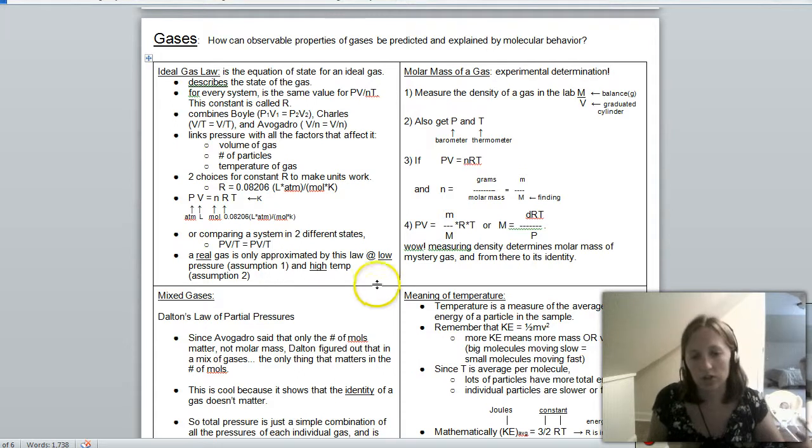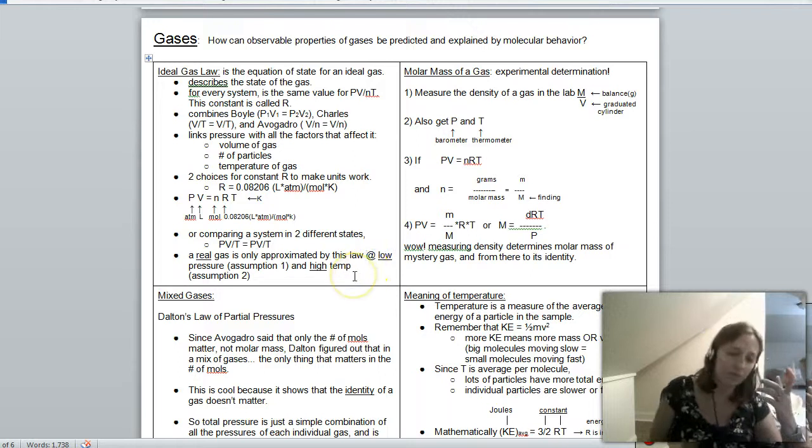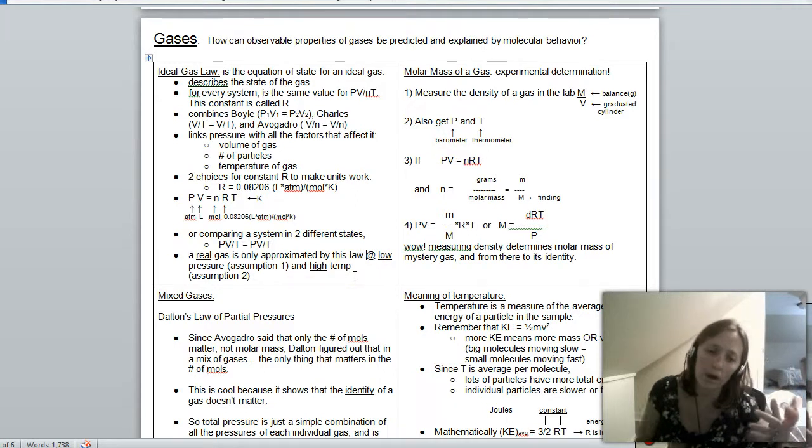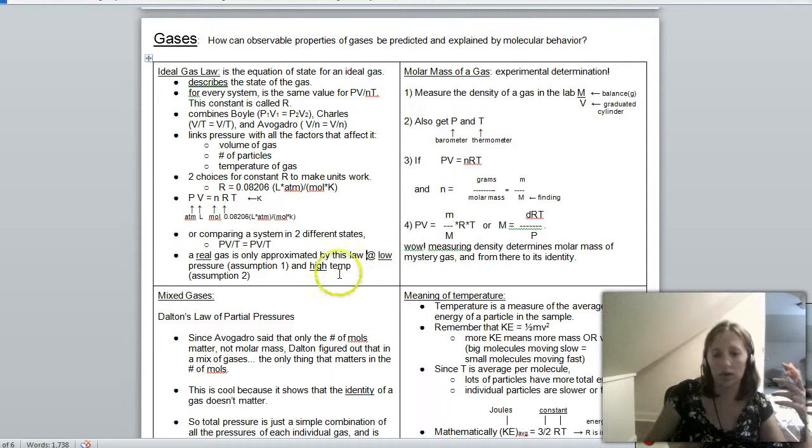And at high temperatures, the particles are moving very fast, and so they don't really have the opportunity to be attracted to each other. Whereas when it's cold, the gas is about to condense, and that's when the attractions take over and make assumption number 2 not true. All right, so that's the ideal gas law.